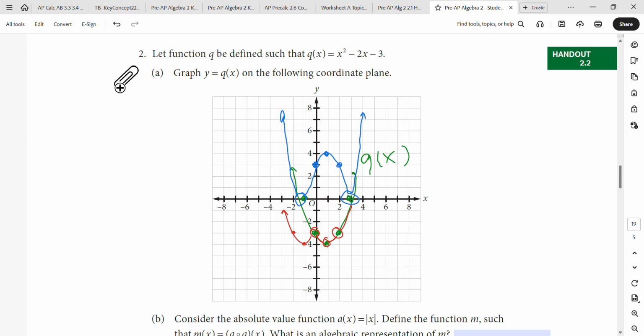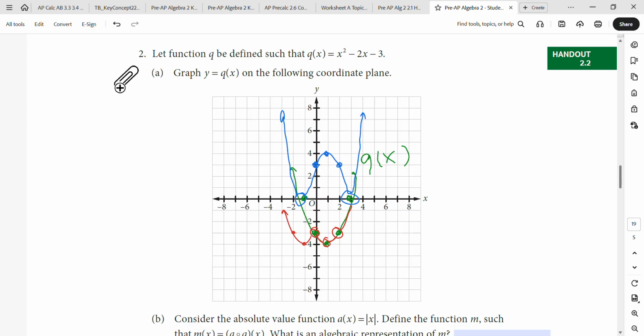And to some degree that's also true on the linear function as well.